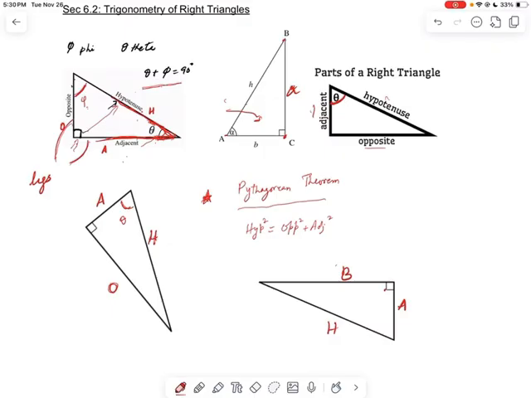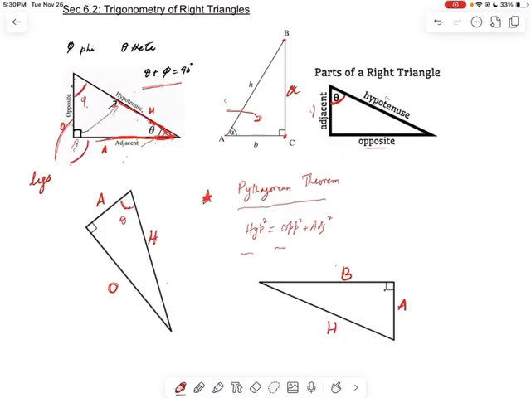Notice here, these are the two sides that are making up the angle theta. One of them is the hypotenuse, the other is called adjacent.